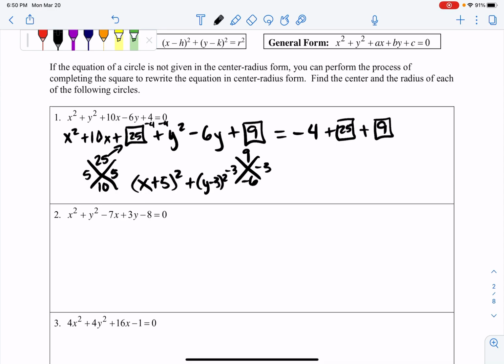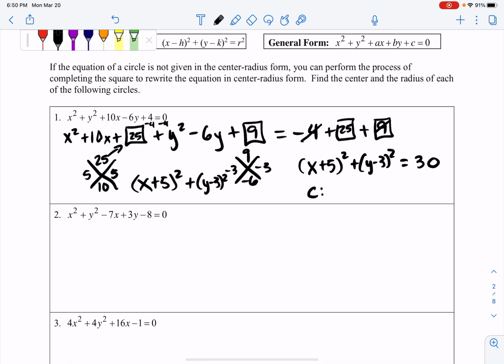So our graphing form is now (x + 5)^2 + (y - 3)^2, which equals, we're going to have negative 4 and 9, which gives me 5, and 5 plus 25 is 30. So there is my graphing form.